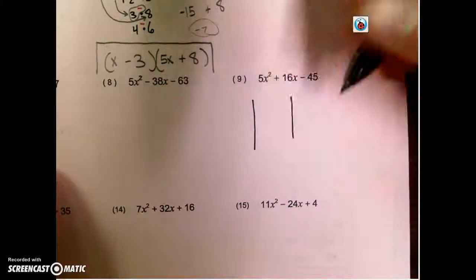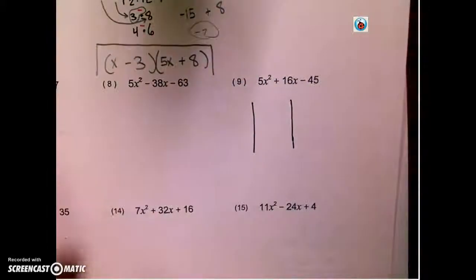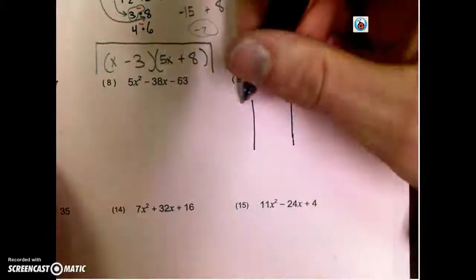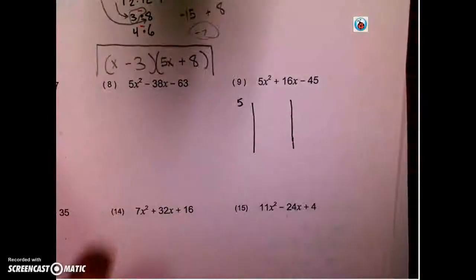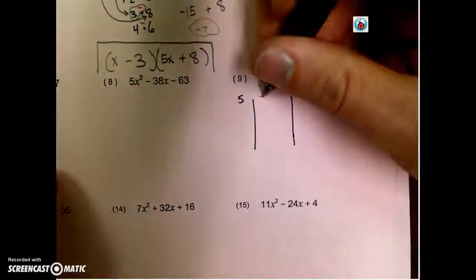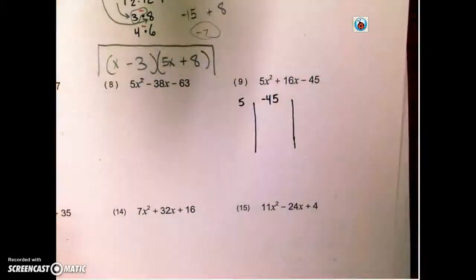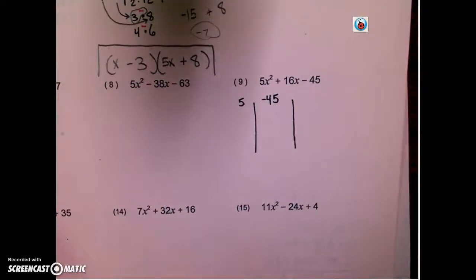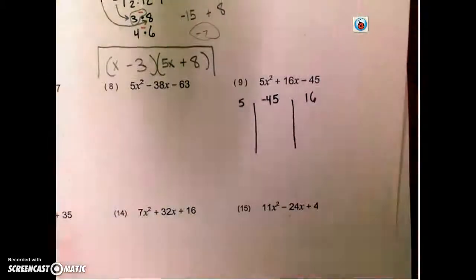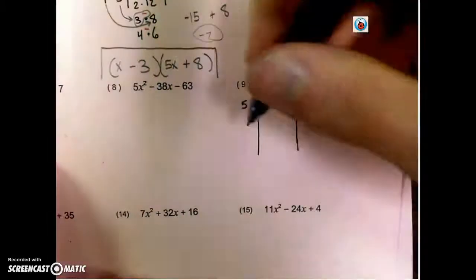I'm looking for factors of A, which is a 5. Factors of C, which is a negative 45. And then those need to add up to give me my B value, which is a 16. Right, let's start to identify our pieces here.